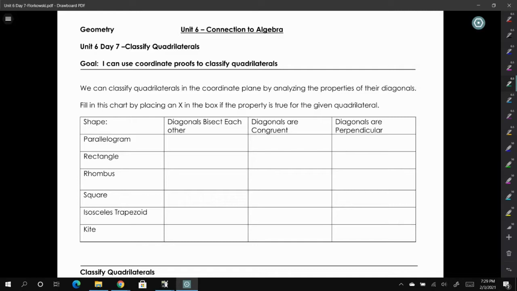So what we're going to do first is look at this table right here, and we're going to put an X if one of these characteristics is true for that shape.